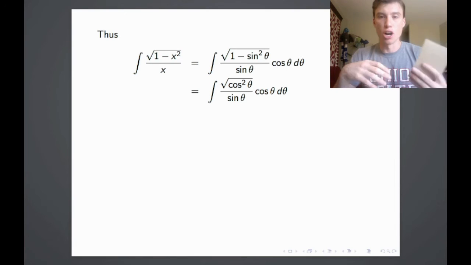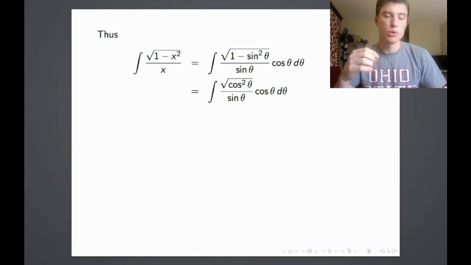A similar argument to what I just made will allow you to simplify the radical as your intuition tells you. But subtleties arise when you make the substitution x equals secant theta. This is because for various choices of theta, the function is positive, and for other choices of theta, the function is negative.